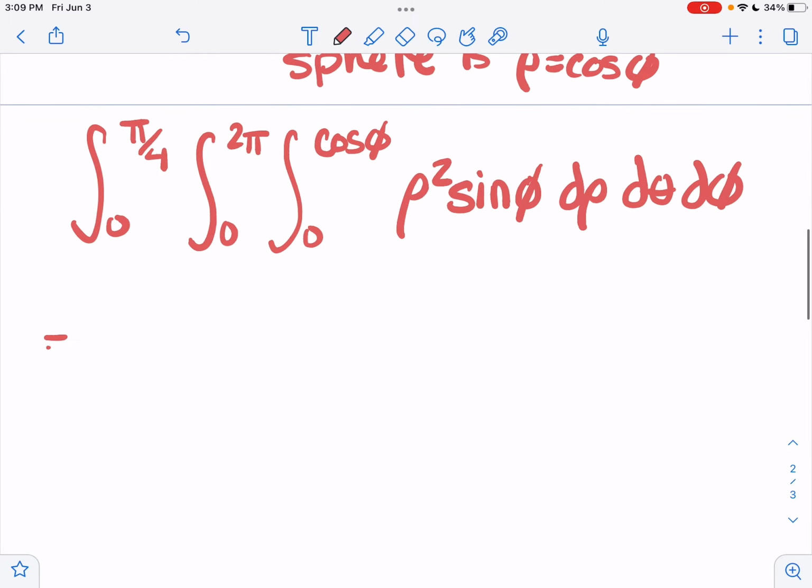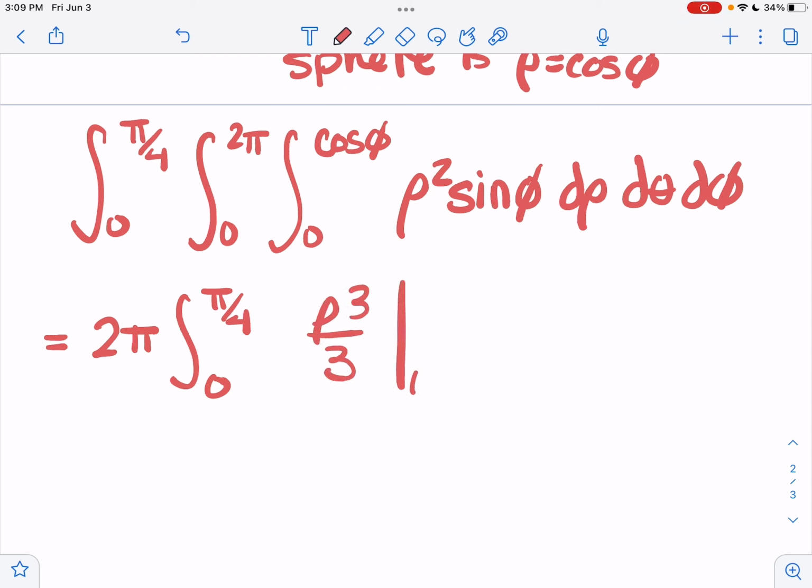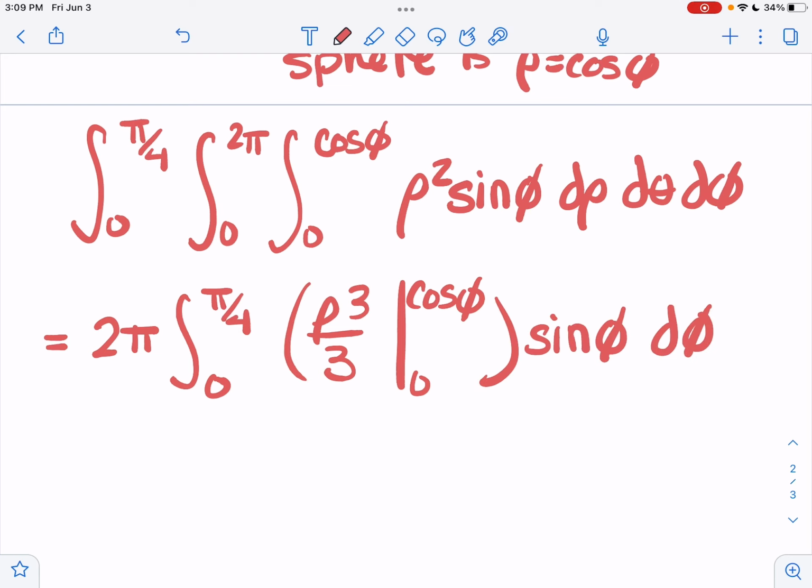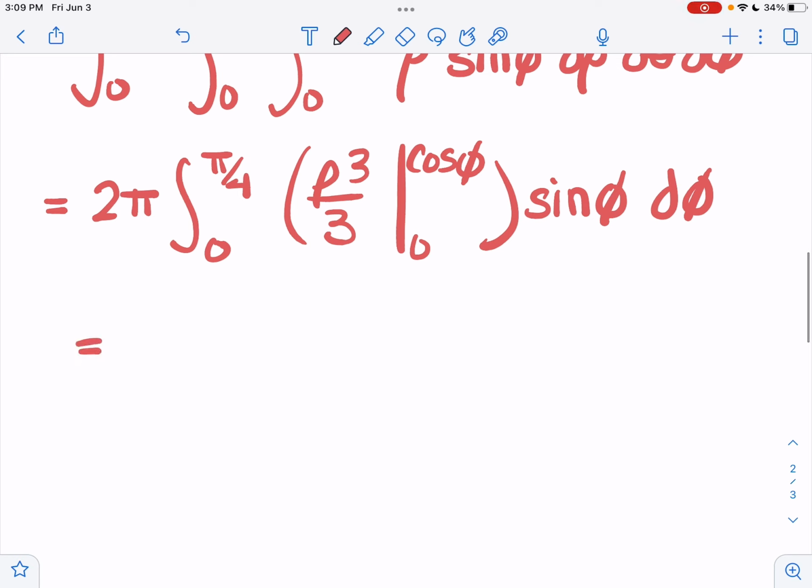I'll do the theta integral because there's no theta dependence anywhere. That's just going to be a constant 2 pi. We'll have our 0 to pi fourths in phi. For rho here, we get rho cubed over 3 from 0 to the cosine of phi, sine phi d phi. That's going to be 2 pi over 3, integral from 0 to pi fourths.